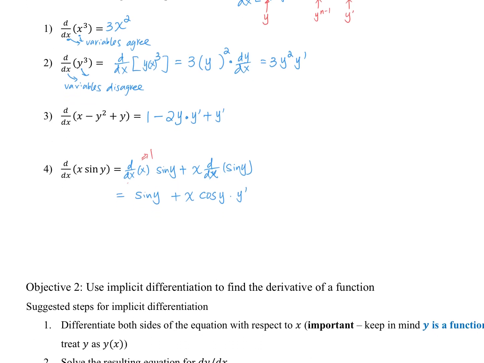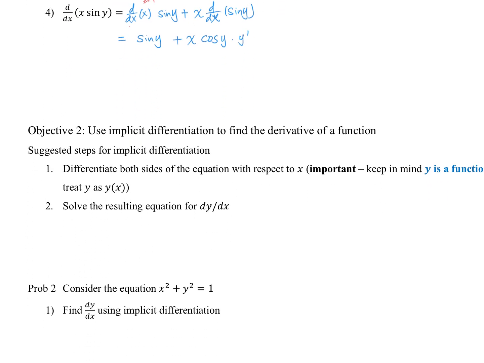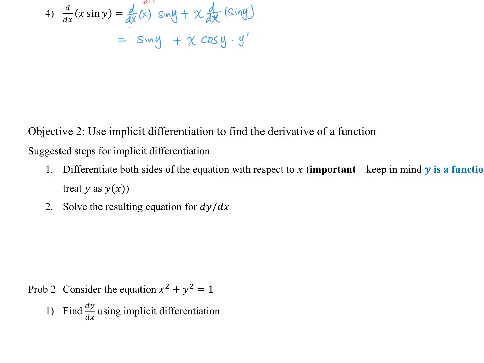All right, let's look at more examples. First of all, let's introduce the general suggested steps for implicit differentiation. First of all, you differentiate both sides of the equation with respect to x. Again, treat y as a function of x.